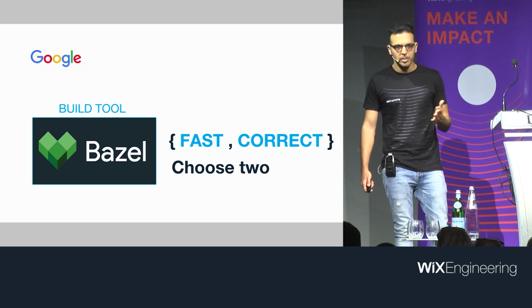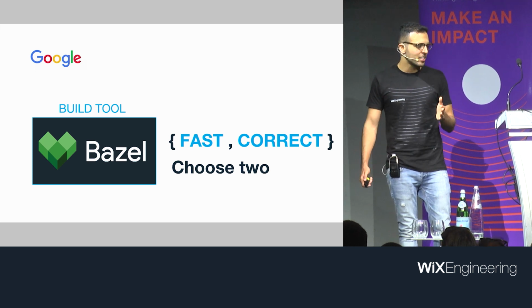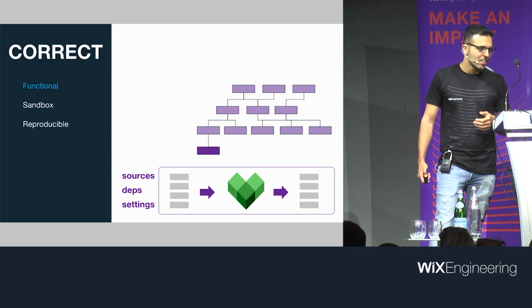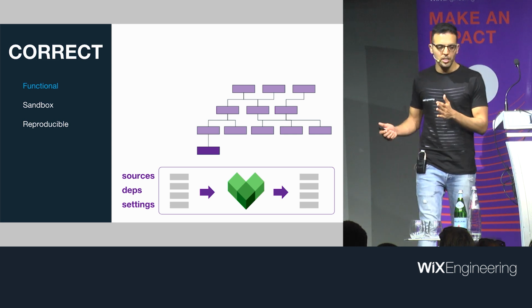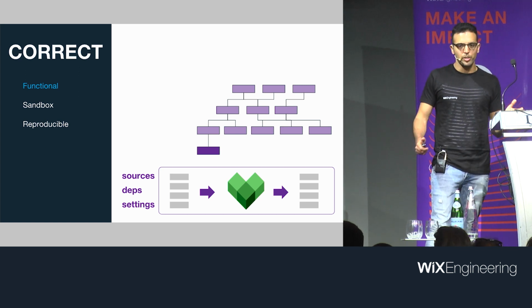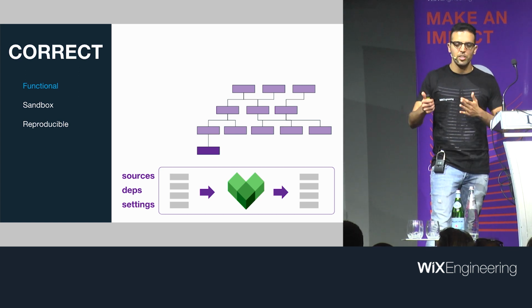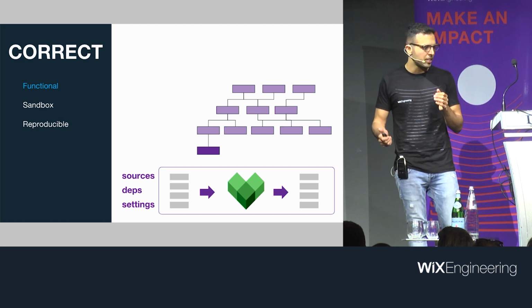Before we talk about the fast, we have to agree about why Bazel is so correct. So Bazel is a functional build tool, meaning that the output of each execution is a direct result of the input of the execution: the sources, the dependencies, the settings, which is the platform, the compiler, everything that is defined within Bazel files.